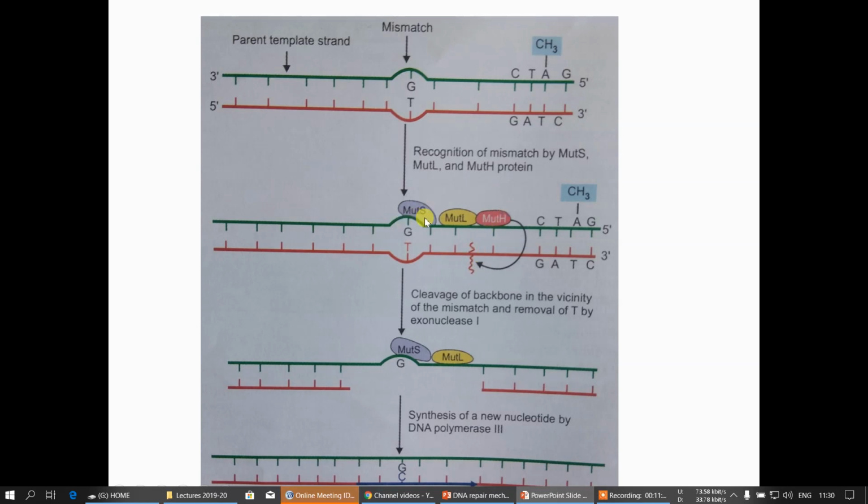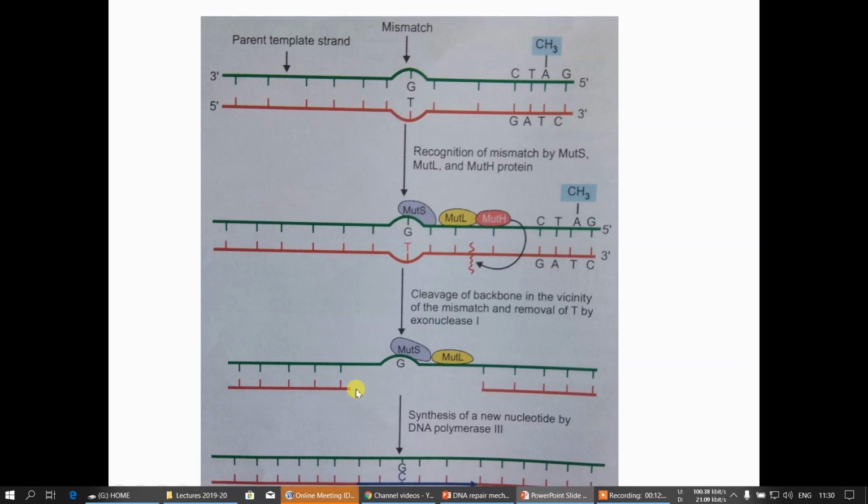So these three proteins, MutS, MutL and MutH, cause cleavage of the backbone in the vicinity of the mismatch, the nearby area to the mismatch, and removal of this thymine nucleotide also by exonuclease 1. After cutting, the exonuclease 1 enzyme will come and degrade the nucleotide sequence up to a certain portion which includes the damaged nucleotide also.